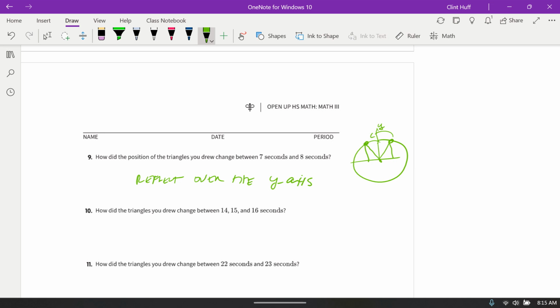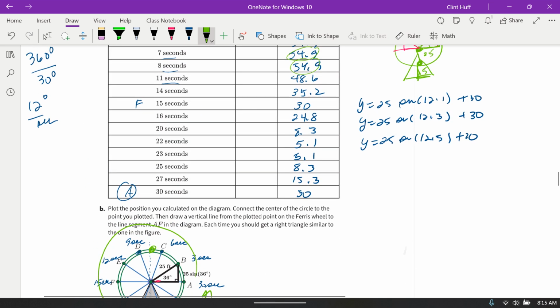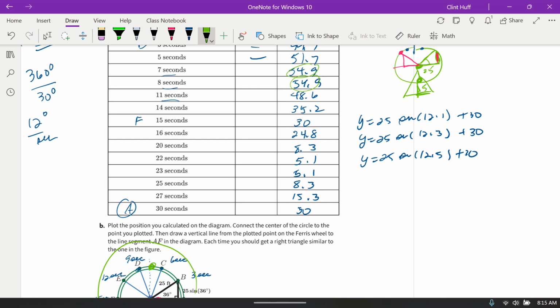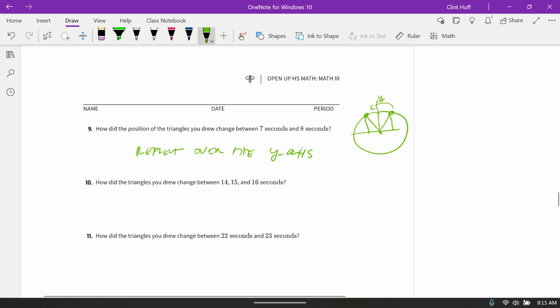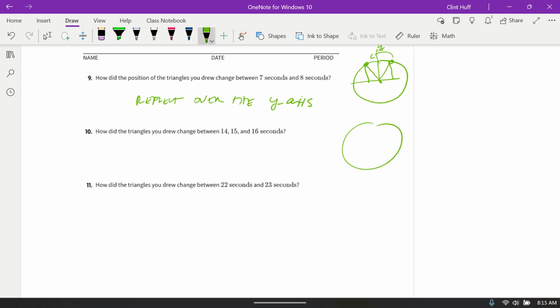Okay, 14, 15, and 16. If we look up here at 14, 15, and 16, 14 is 35.2, 15 is 30, 16 is 24.8. Notice that the differences between 24.8 and 30, and 35.2 and 30 are the same. So what's going on there? That means that on the circle, we're in this position right here, and then we wind up in this position over here.